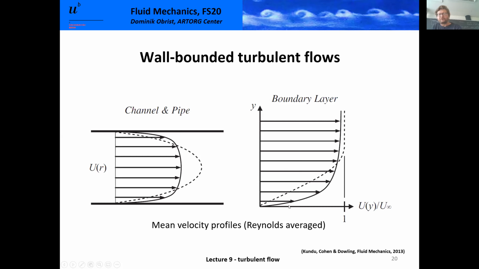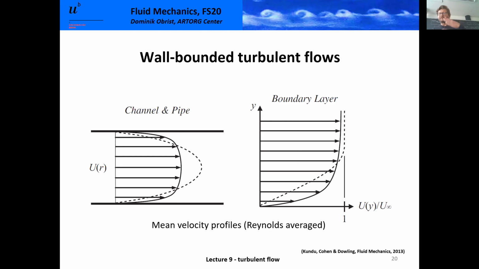A turbulent boundary layer has a steeper velocity gradient at the wall than a laminar boundary layer. The turbulent pipe flow has a steeper, a sharper velocity gradient than a laminar pipe flow. What does this mean for the wall shear stress? We have learned that the shear stress at the wall is proportional to the gradient of the velocity profile.